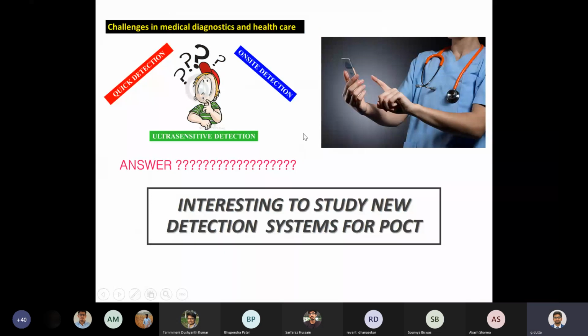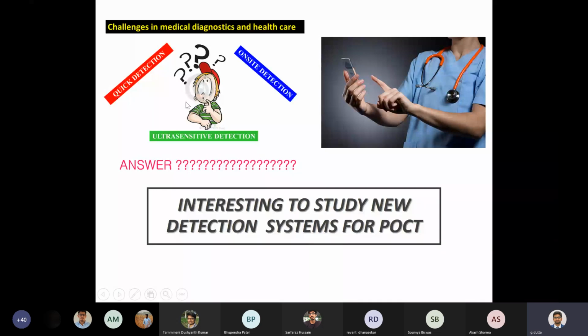Now, what are the challenges in this diagnosis area? Let's find out. First point, for point of care, we have to think about quick detection. This is a very important point for a point of care biosensor device. Why am I saying quick? Because sometimes, for the detection of disease, we have to wait not only a few hours but a few days also.